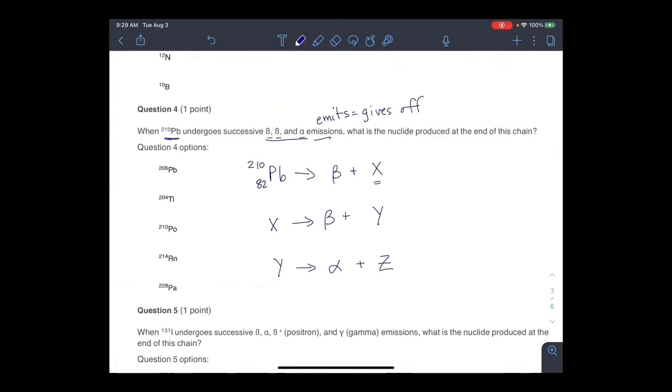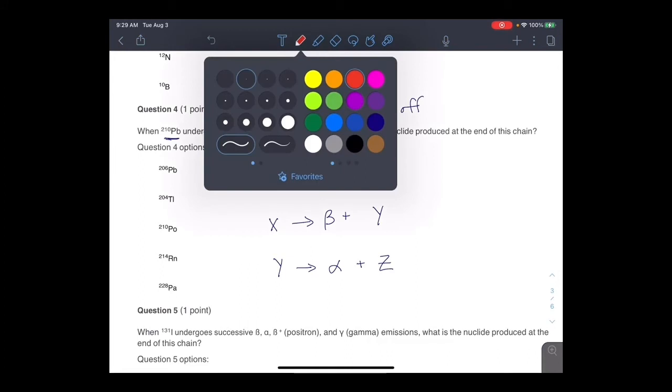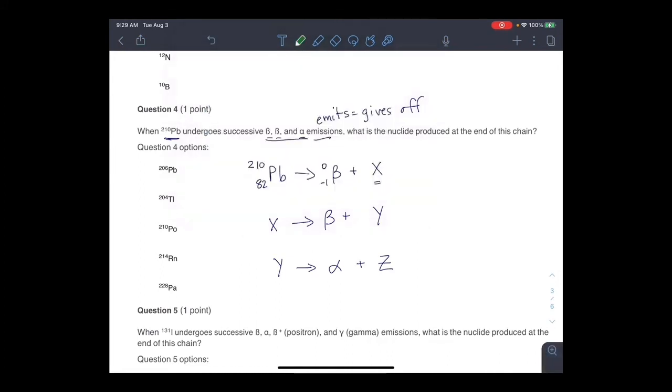Now I'm going to have to fill in the numbers for the rest of these, and I've got them on my handy dandy cheat sheet. So then as I balance this, it looks like this guy also needs a 210. 210 plus 0 is 210. Remember, this is a -1, so this needs to be an 83.